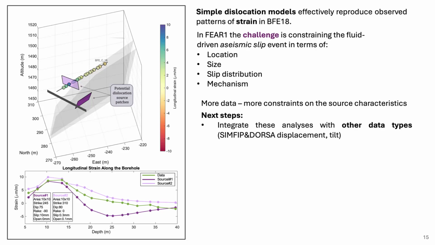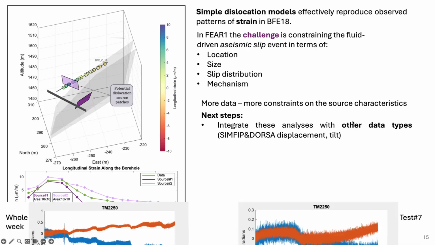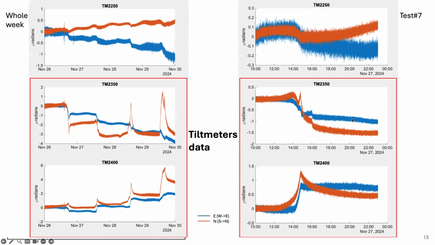And so the next steps would be to integrate this analysis with other data types, such as SIMFIP and Dorsa displacement and tilt. And actually I have already started working on tiltmeter data. Here I'm showing the data for the whole week and for just test 7 of the tilts that are placed respectively on the footwall and hanging wall of the mapped fault zone.